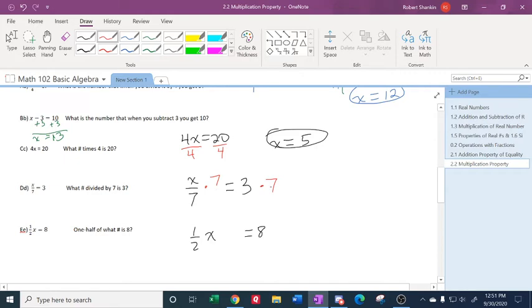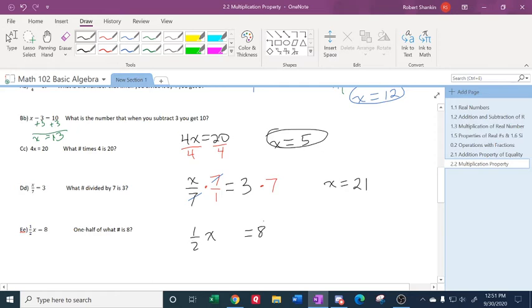Now, the 7 doesn't need to be over 1 here, but it's handy to put it over 1 here. Alright, so these things will cancel out, and I'll come up with x equals 21. And that makes sense when we look at this in words. What number divided by 7 is 3? 21 divided by 7 is 3.